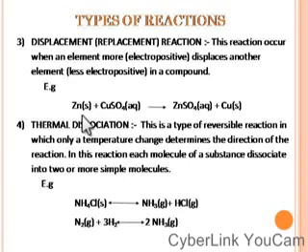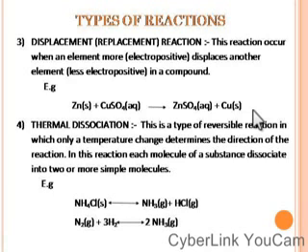For example, look at this example. The reaction between zinc and copper sulfate, copper(II) tetraoxosulfate(VI), where zinc displaces copper from the copper(II) sulfate, forming zinc tetraoxosulfate(VI), and then copper is displaced.